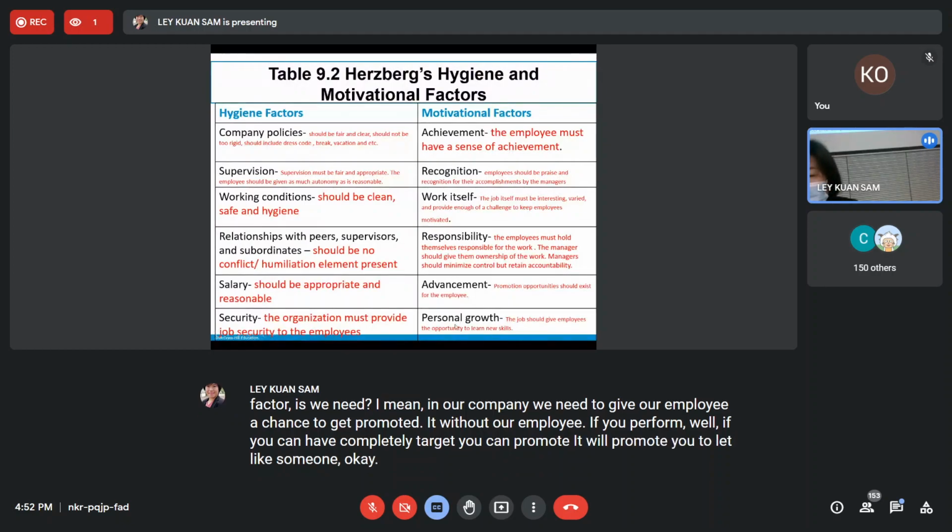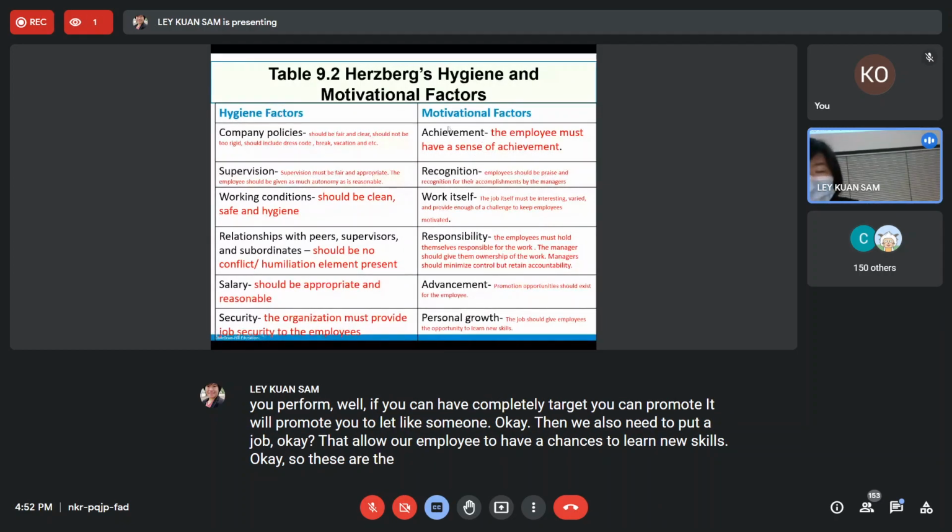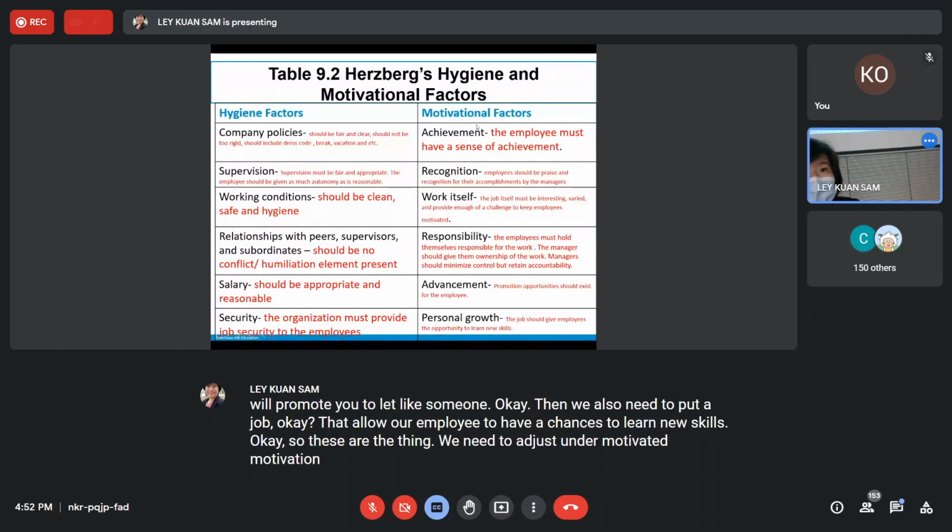We also need to create a job that allows our employees to have a chance to learn new skills. So these are the things we need to adjust under motivation factors. Both factors must be present in the company.